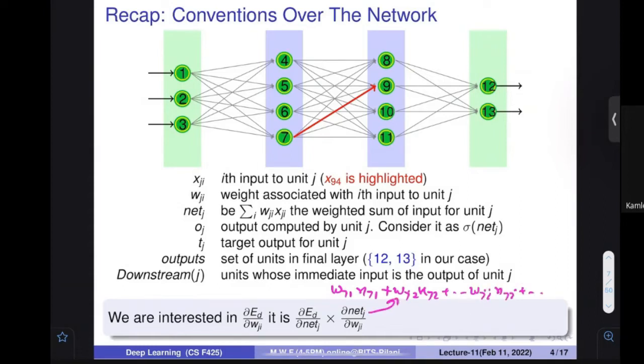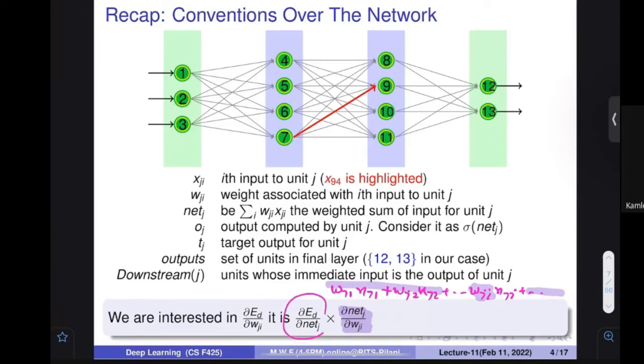This is the equation of net_j. If you take the derivative with respect to w_ji, all the things except this particular term are going to vanish, because the derivative is zero. Since it is only a single term, x_ji remains. So this particular term becomes x_ji. Everybody okay with that? Yes or no? This particular term is x_ji.